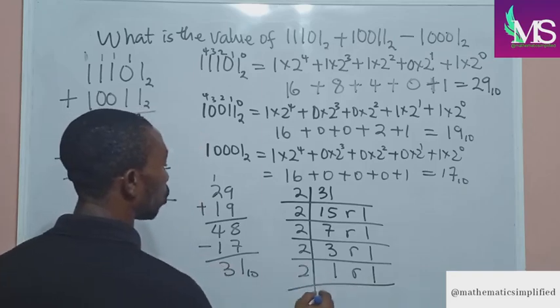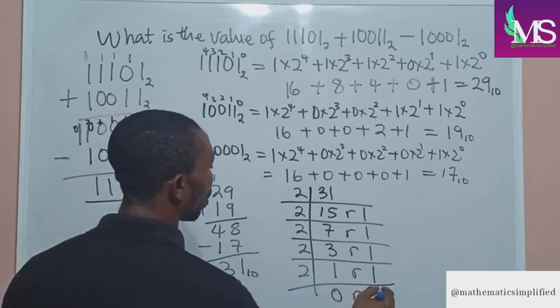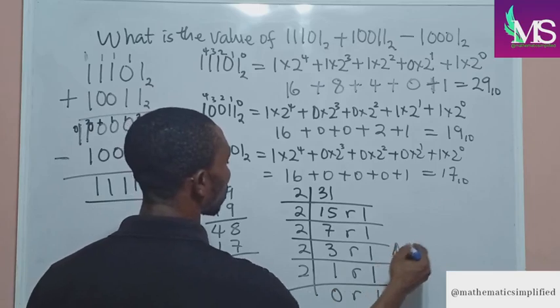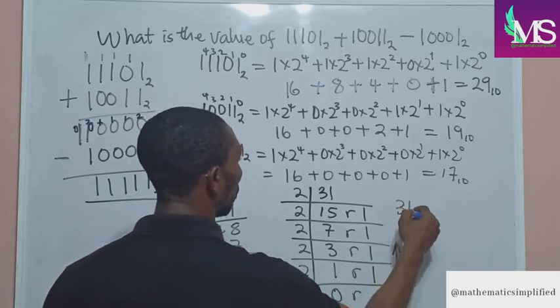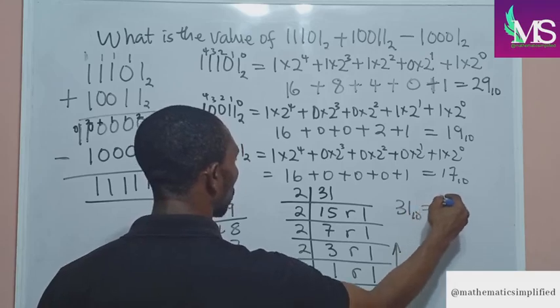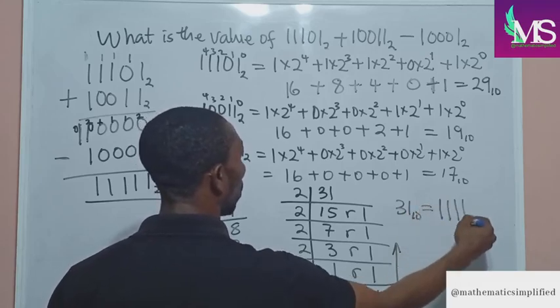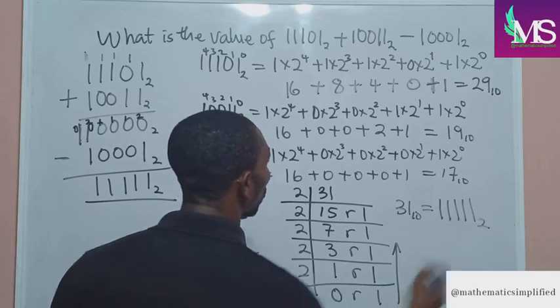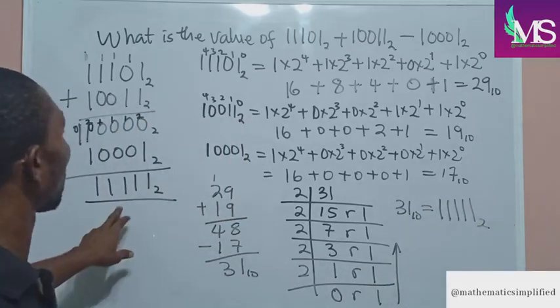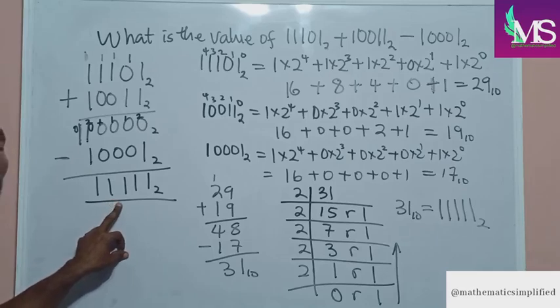And 2 into 1 will give us 0, remainder 1. So read it upwards. We have 31 base 10 equals 11111 base 2, which leaves us with the same answer as we have here.